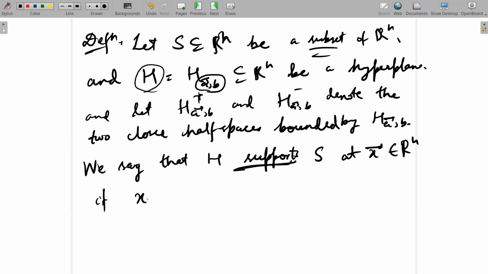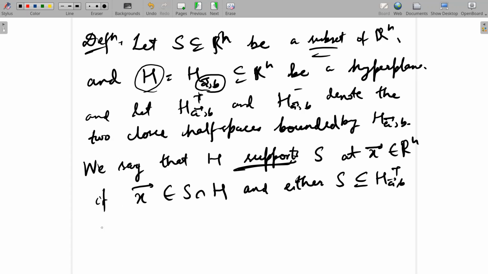So x belongs to S intersection H, and either this set S is completely contained within this positive half space, or S is completely contained within this negative half space, so one of these closed half spaces.